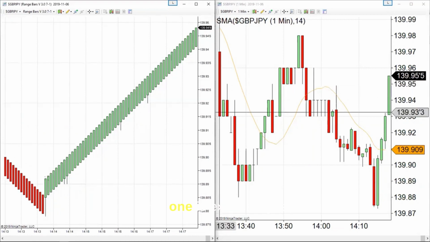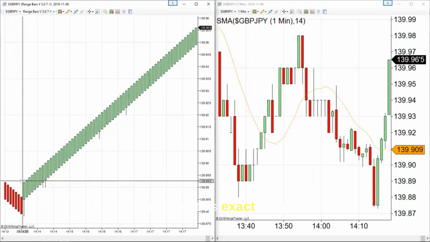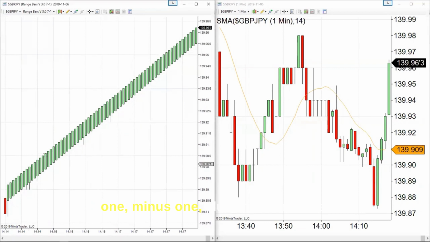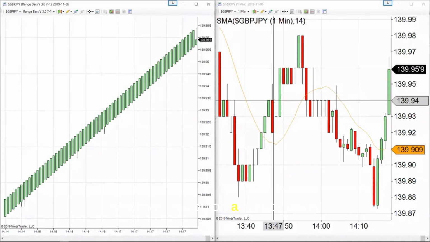This one is exact ranges, so therefore your equity curve will manifest as exact ranges. Your equity curve will be exactly +1, -1, +1, -1, whereas this one will be +1, -5, +7, -2, totally random sizes. Whatever you do on a minute-based chart will reflect in your equity curve.